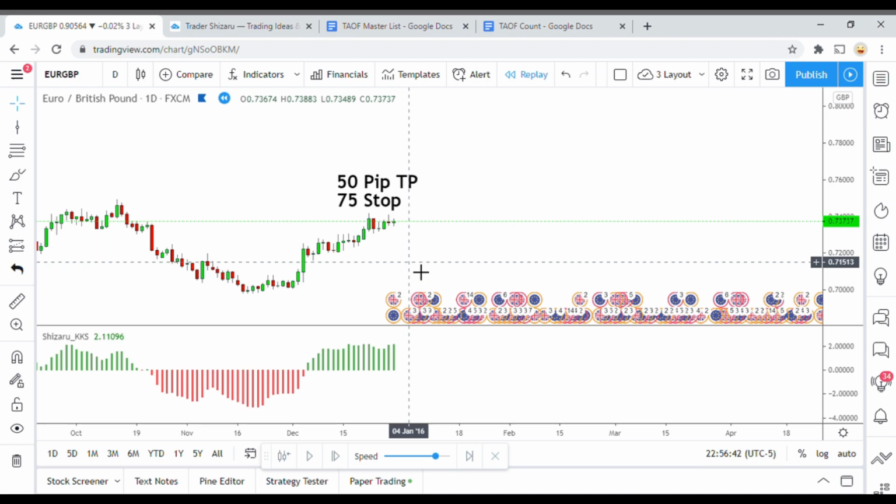It doesn't work the way it worked in back testing. Now again, I'm not 100% sure what causes this. It's just this weird enigma type thing that happens.